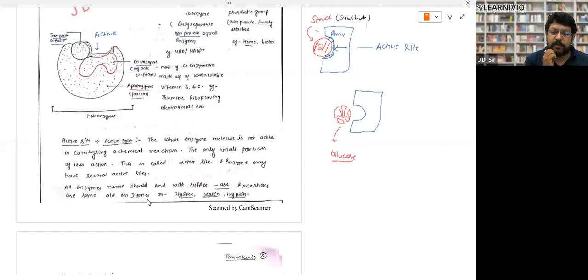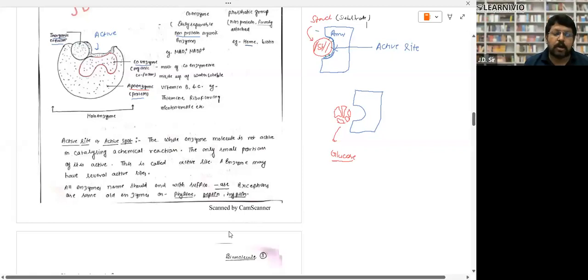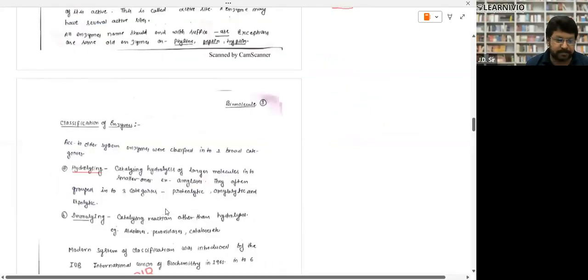Similarly RNase digests RNA and DNase digests DNA. So that's how. Carbopeptidase means digesting carbohydrate and protein.